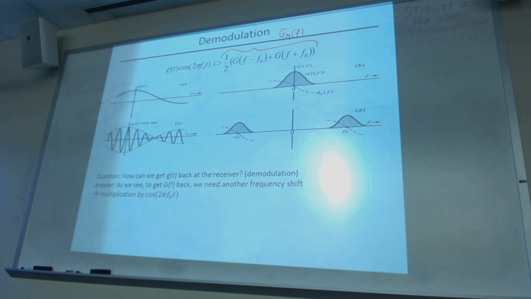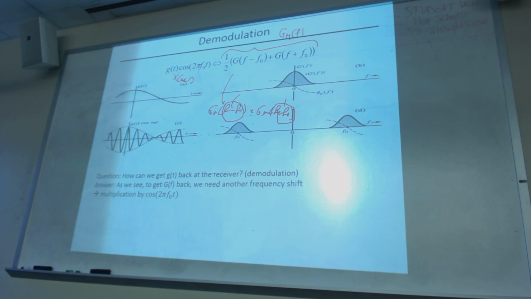Now if I multiply this by another cosine, I have to shift G M to the right and to the left, right? So basically I will get G M of f minus f naught, and then plus G M of f plus f naught. So do the same rule again. Instead of f, replace it by f minus f naught once, and then f plus f naught.